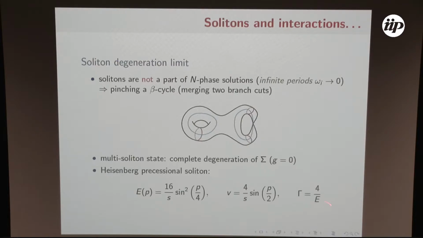So pinch all the cycles, and you reduce the genus down to 0. With this procedure, you will recover the Heisenberg precessional soliton, which is described by a dispersion relation of this type, which you will recognize is basically exactly the magnon dispersion relation. So the bottom line here is we do have solitons in the game. They are just a particular limit of the curve.